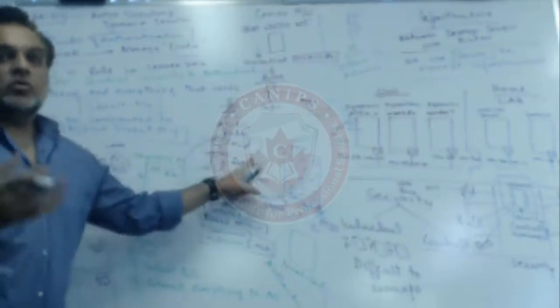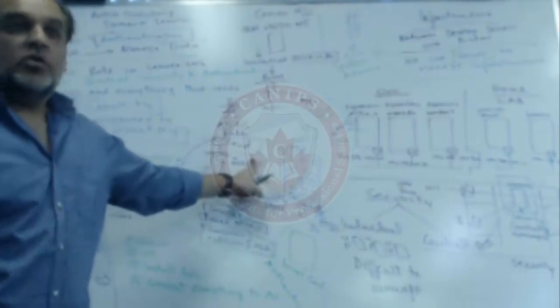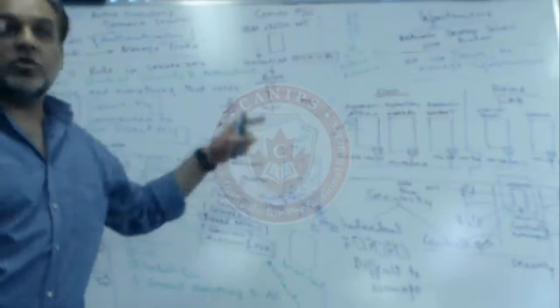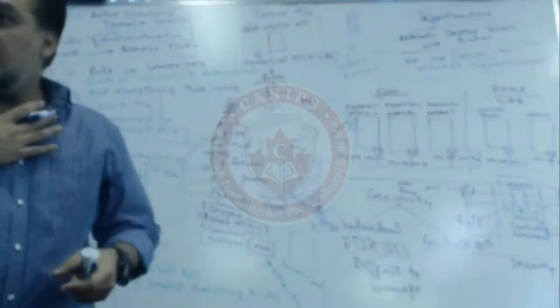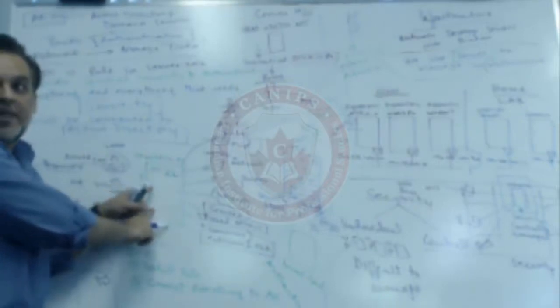So if you're using Dropbox, it is protected by Active Directory. If you're using WhatsApp, I'm 100% sure their internal infrastructure, I don't know, but it is protected by Active Directory.